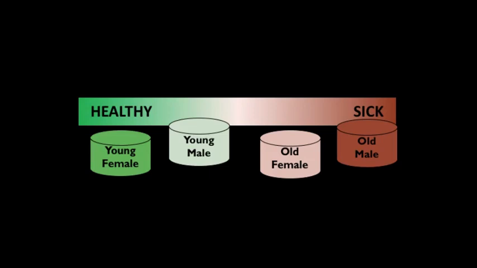So what employers do, or at least there's evidence of them doing this, is take their entire group of employees and put them into pools based on their observable demographics.